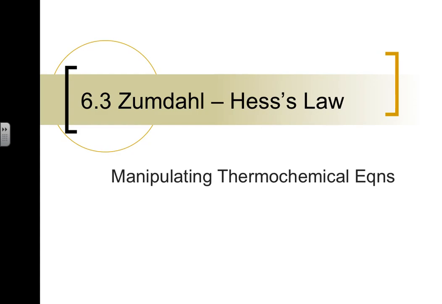The second one was that if we reverse a reaction, then we reverse the sign of our delta H value. So if it was an endothermic reaction, it would become an exothermic reaction. Those are the two rules that we're going to be working with today as we do something called Hess's Law.